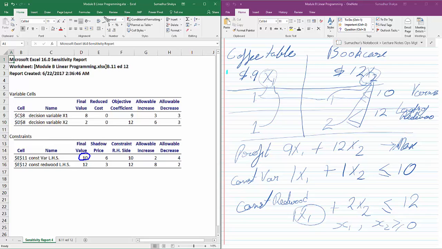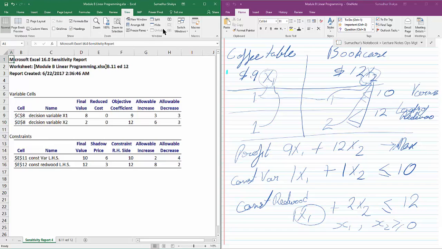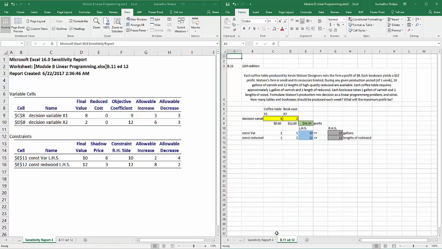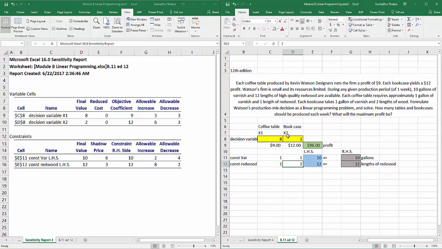Let me show it to you side by side. View, new window. Okay, so now we can see the sensitivity report and the problem.